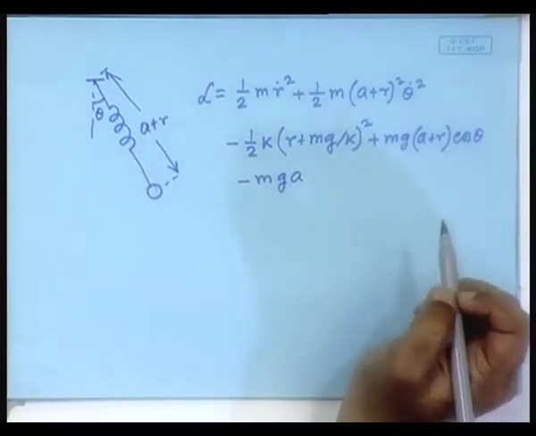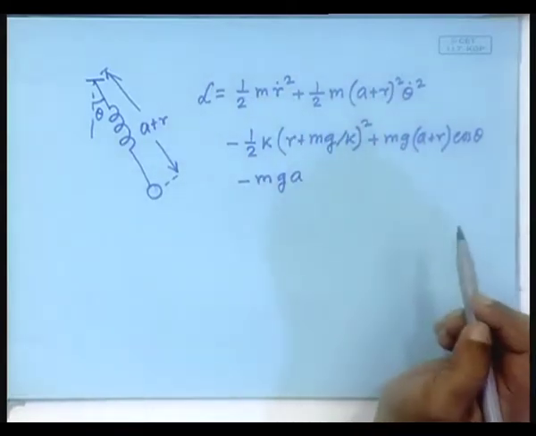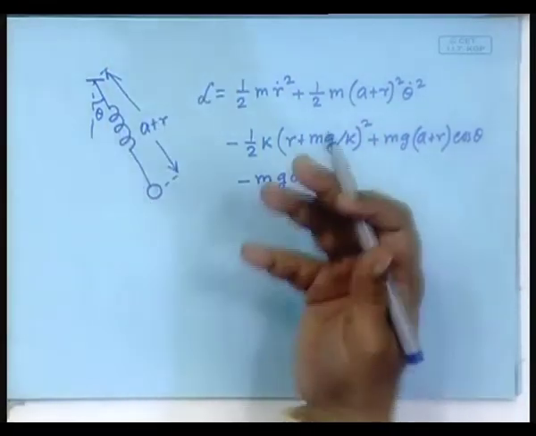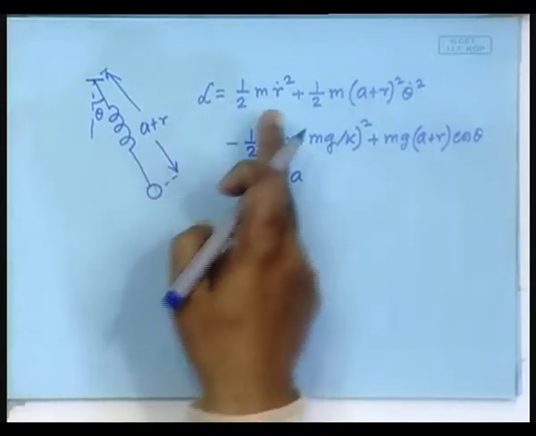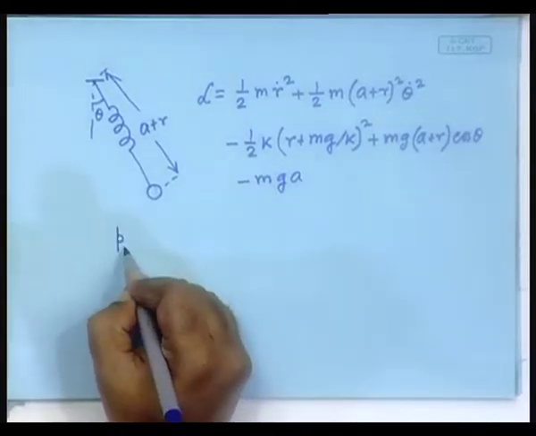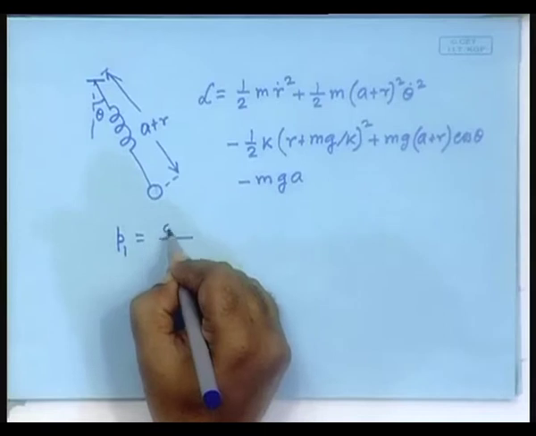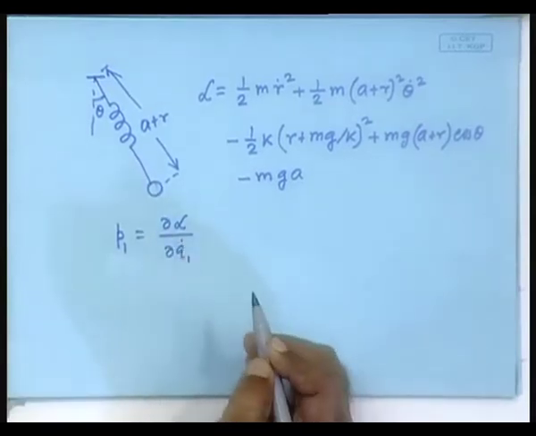Okay. So, this is the Lagrangian function, and then we know that the P I is the derivative of the Lagrangian with respect to Q I dot, which is in this case R and theta. So, we will write P 1 is equal to derivative of the Lagrangian with respect to Q 1 dot.